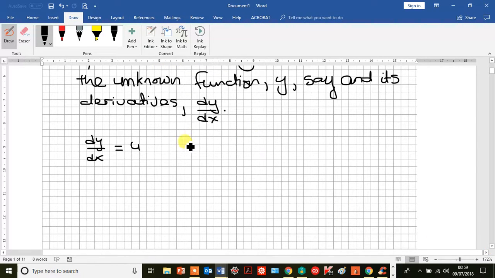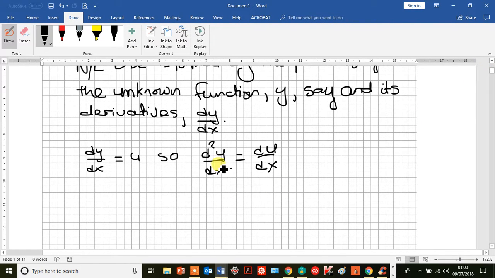So first of all, what we do is we differentiate dy by dx again, so that we get d squared y by dx squared equal to du by dx. Now, why have I done that?